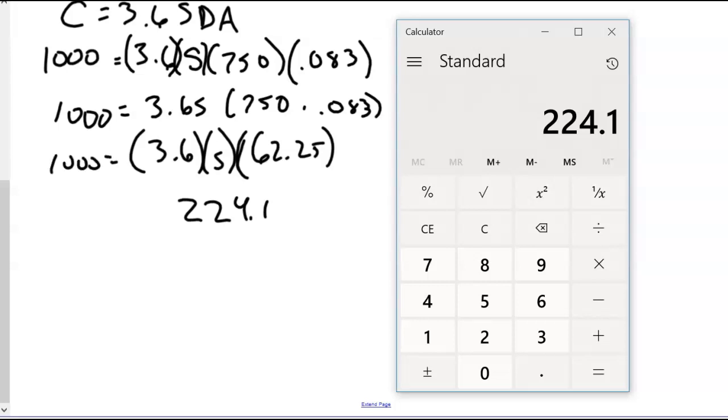And this will equal 1,000. Remember, it's an equation, and this is times S still. And so now we have 224.1 times S.